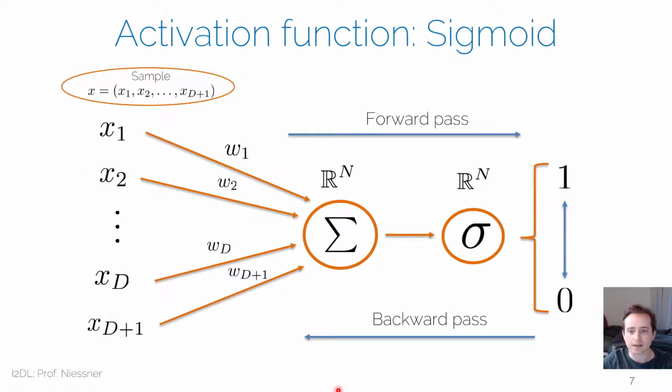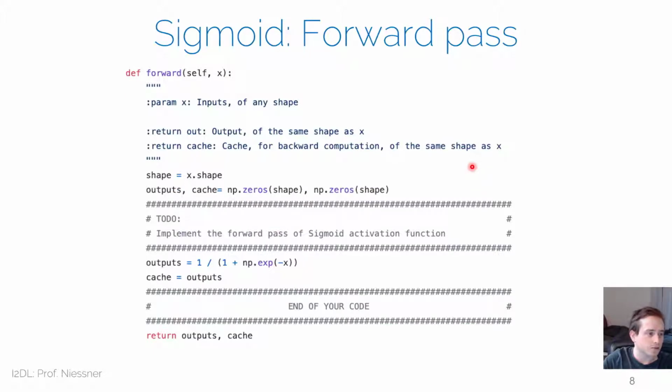So looking back again at this slide, we write that this is a vector in R^n and this is a vector in R^n, and now let's see how we do the forward pass of this sigmoid tilde function in the implementation. So here's the piece of the code from the exercise, and this is what you had to implement.